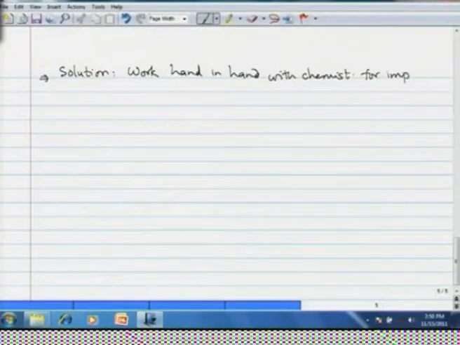Therefore, an engineer should give an input to the chemist, and then the study of the chemist on that particular point could be a good input for improving the process design. So, that is what the solution is for a better process design. Work hand in hand with chemist for improvement of process, and optimization.